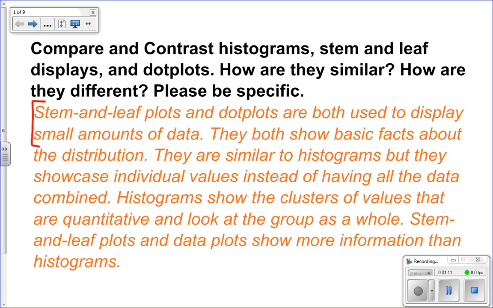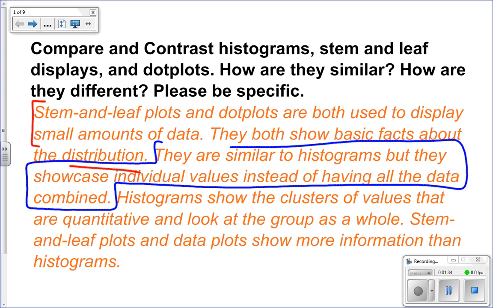They both show basic facts about the distribution. We'll talk a lot about distribution today. Stem and leaf plots and dot plots are similar to histograms, but they showcase individual values instead of having all the data combined. I'd have this in your notes: this is a plus and a minus.